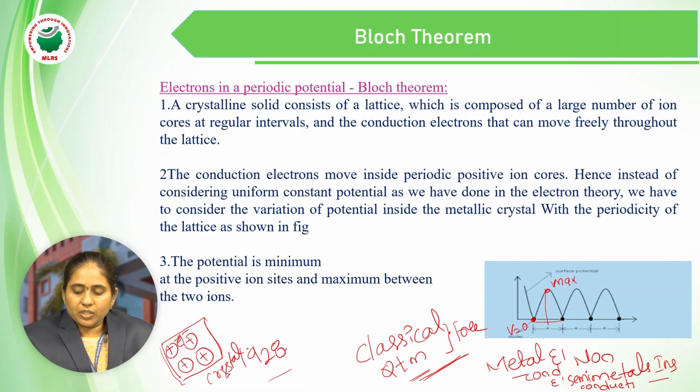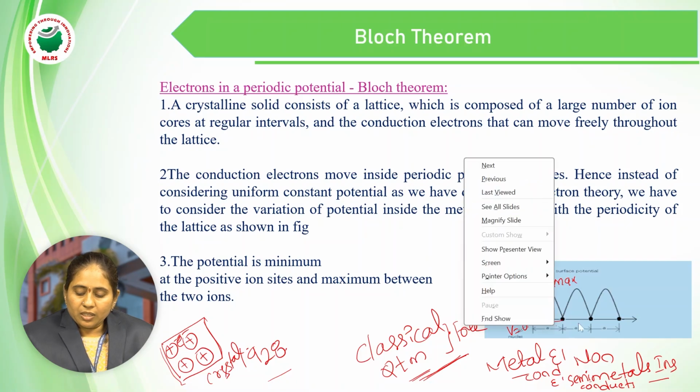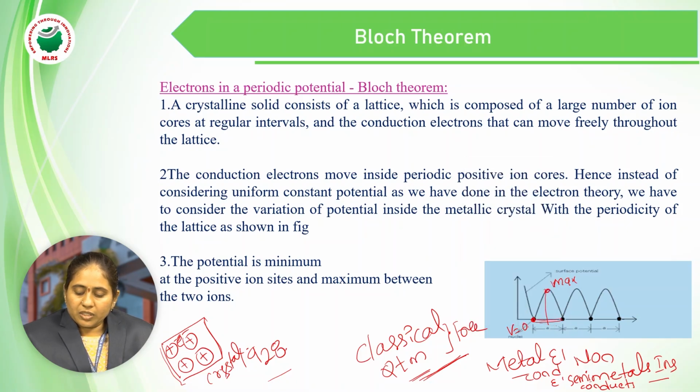The crystal lattice is composed of large ion cores with a regular interval. Regular interval means constant distance. The distance from here to here is the same as from here to here, so here also A and here also A. The solid is composed of such atoms or ion cores with regular intervals, and conduction electrons.